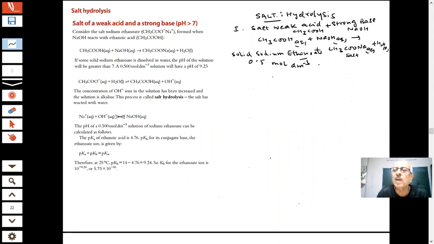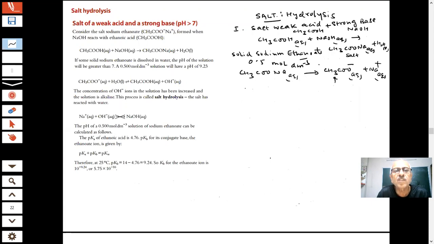Now, how will we know that? We have CH3COONa. This is ionized in water, and ions will be produced. It will produce these ions. Now you can see that CH3COO minus is the conjugate base of a weak acid.